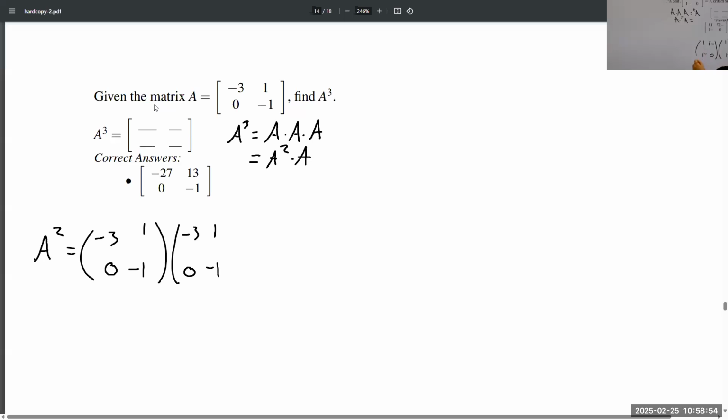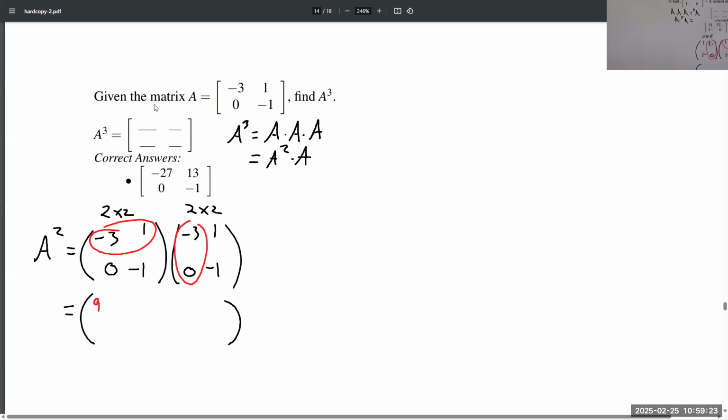Well, we've had some practice with matrix multiplication, but as we know, it's easy to make a mistake, and if you make one mistake, the whole thing falls apart. Okay, so row by column. If you see me make an arithmetic mistake, please call it out. All right, negative 3 times negative 3, 9. 1 times 0, 0.